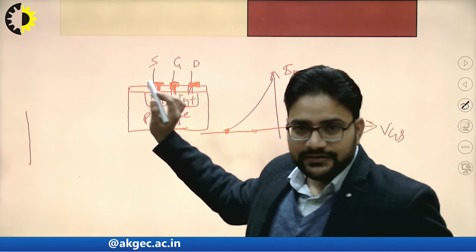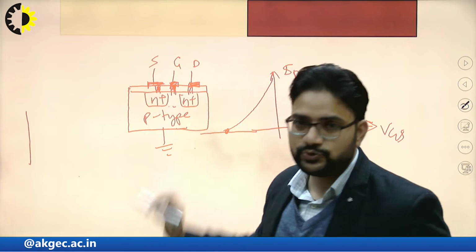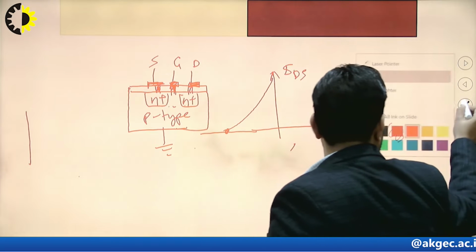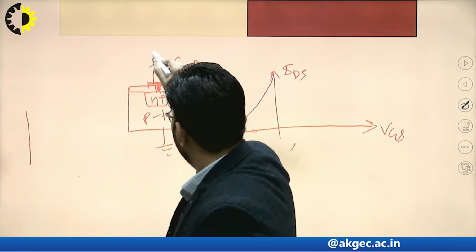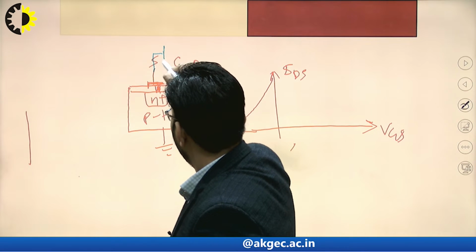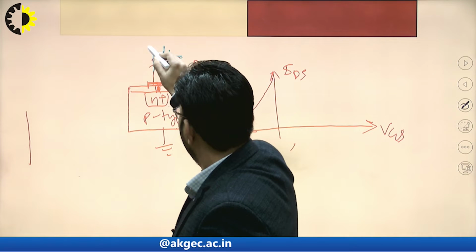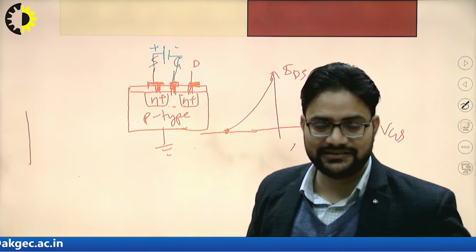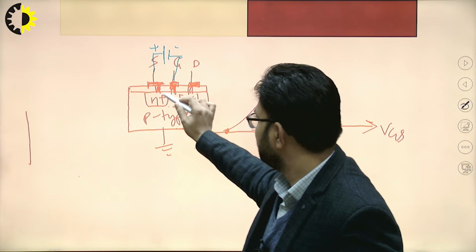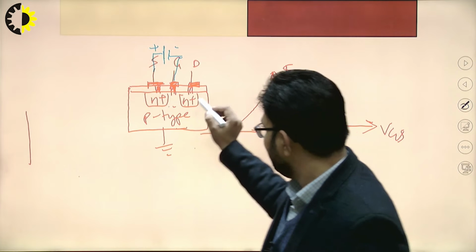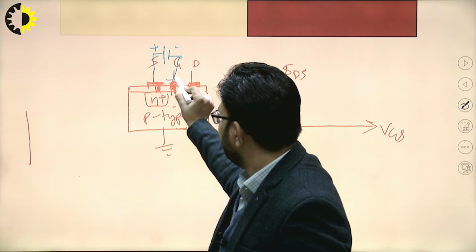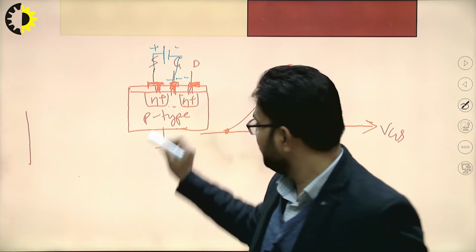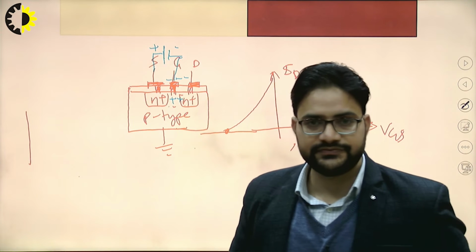See, when you apply the gate to source voltage for the depletion type MOSFET, if this negative is connected to the gate terminal and this positive is connected to the source terminal, then this plate will have negative charges, that is the electrons, and correspondingly in the channel we will have positive charges.